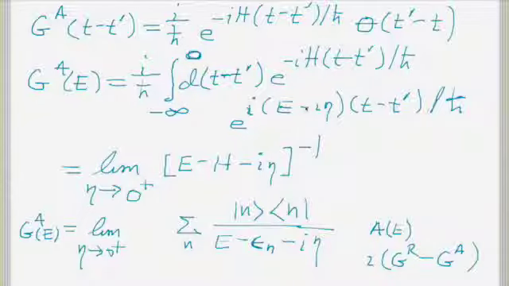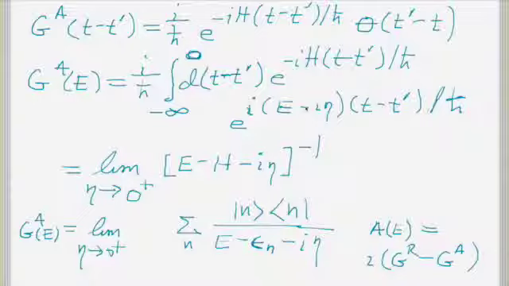So what does that mean? That means G^R minus G^A. So the real parts are going to be the same. And what do I get? I just get 2 times the imaginary part, and that i out front kills it off. And so I get the spectral function.